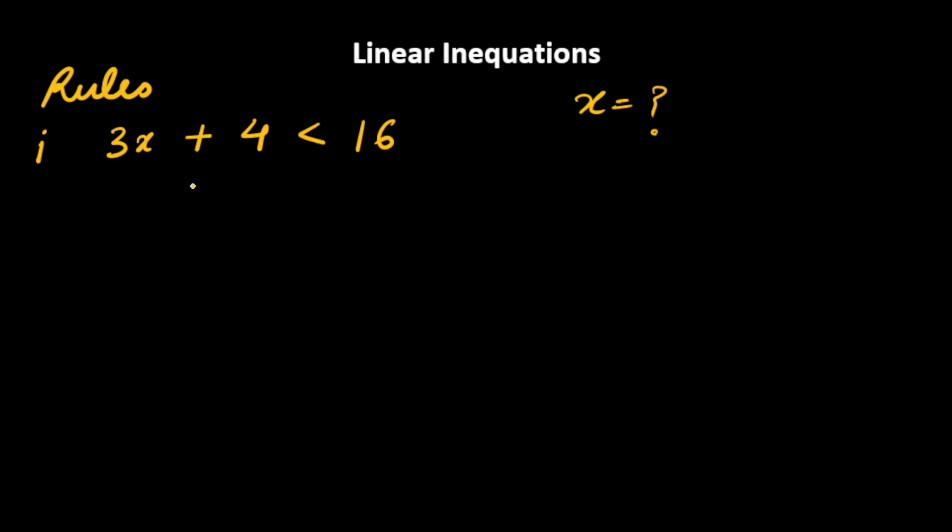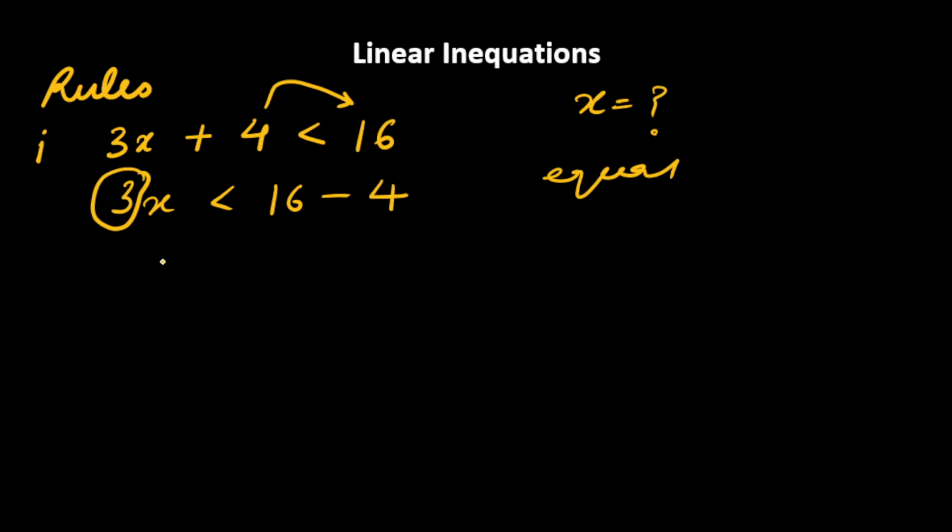To find x, here we have to shift positive 4 to the other side. When we shift positive 4 to the other side, it will become negative 4, same as we used to do in linear equations also. Positive 4 will change to negative 4, and also this 3 we are going to shift to the other side. Here 3 is getting multiplied. 16 minus 4 is 12.